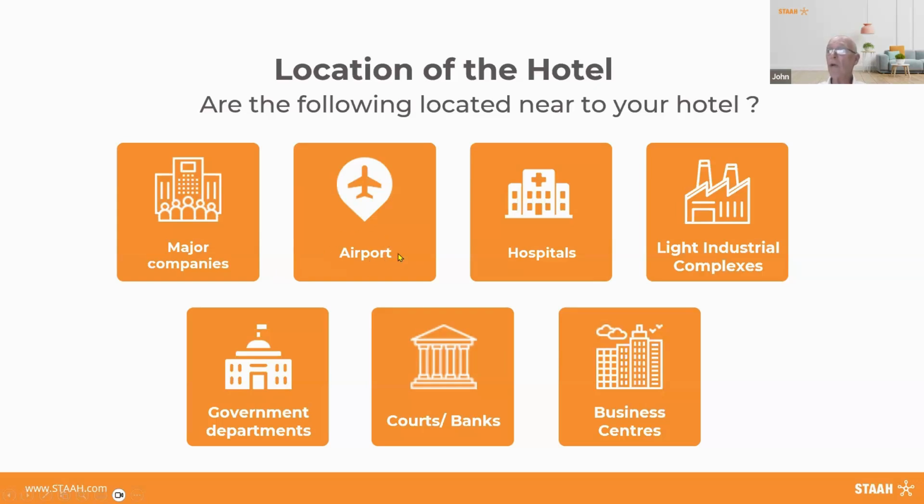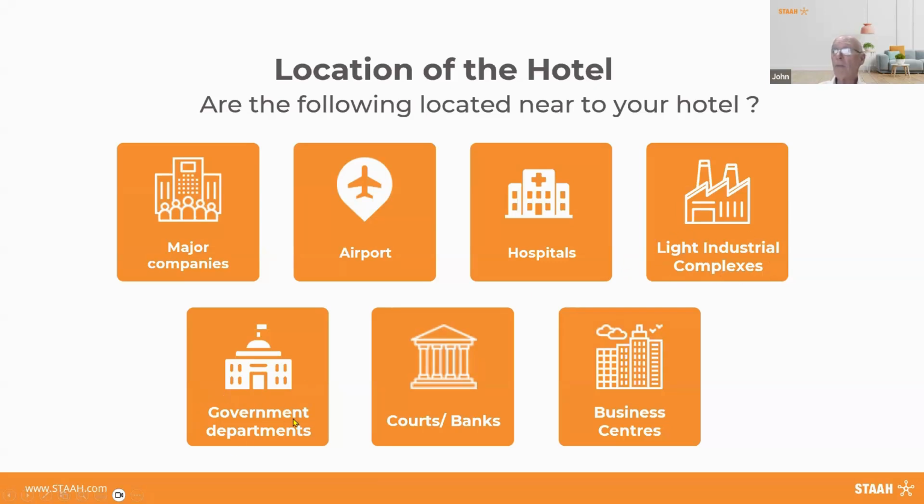Are there hospitals nearby? Why a hospital? Because medical people travel on business. Research people. Light industrial complexes where you have a lot of industrial type companies located. Is any of those near you?